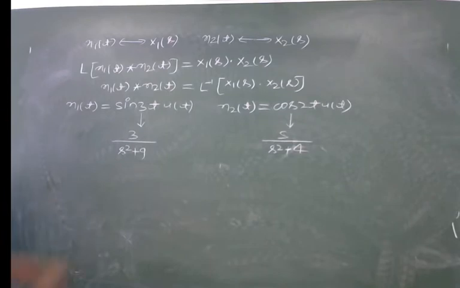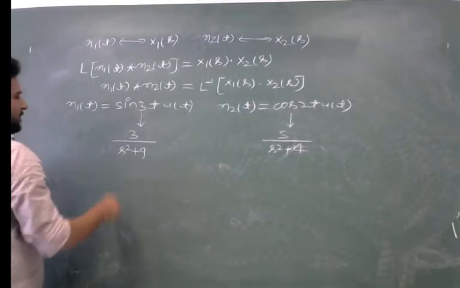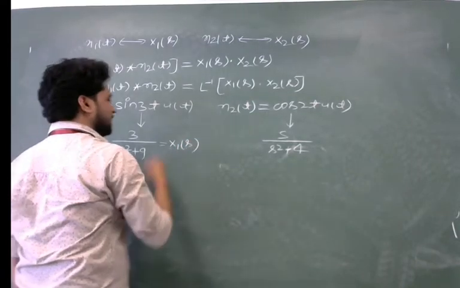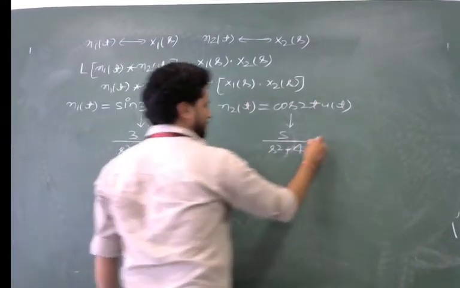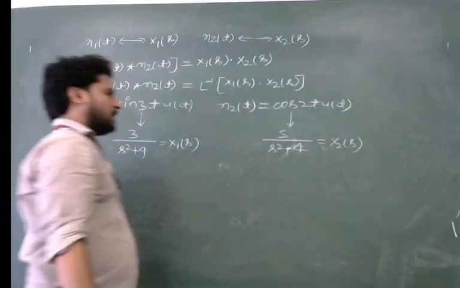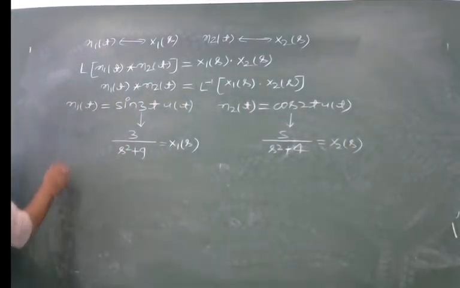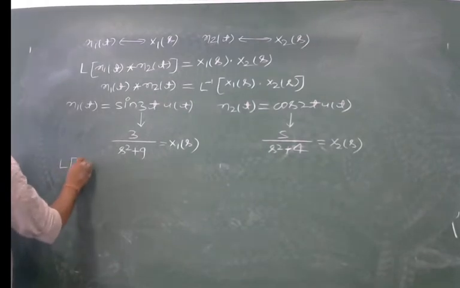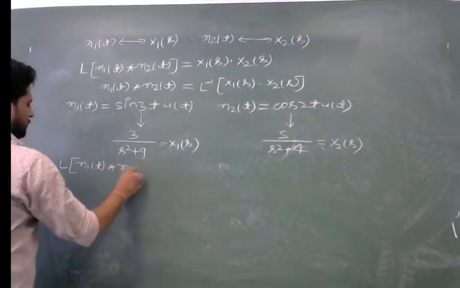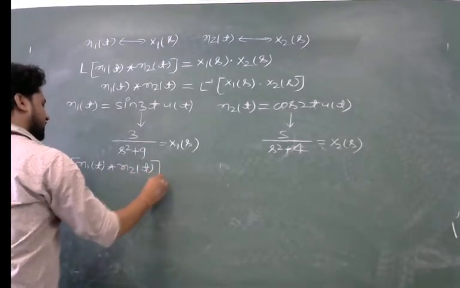So this will be equal to 3 upon s square plus 9. This is x1 of s, and s upon s square plus 4 is x2 of s. To get the Laplace transform of their convolution, we have to multiply these two simply.